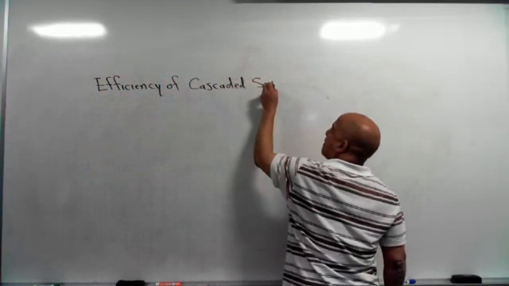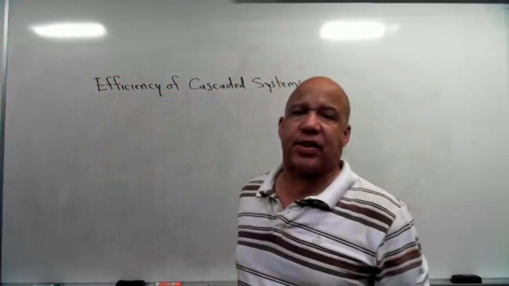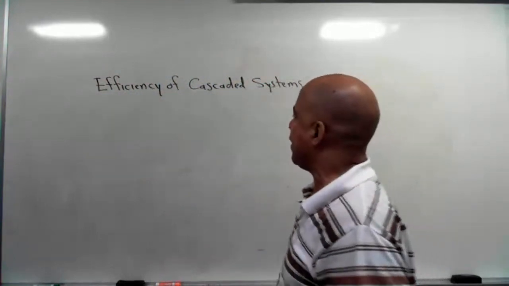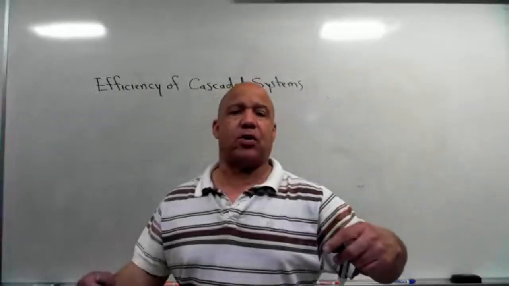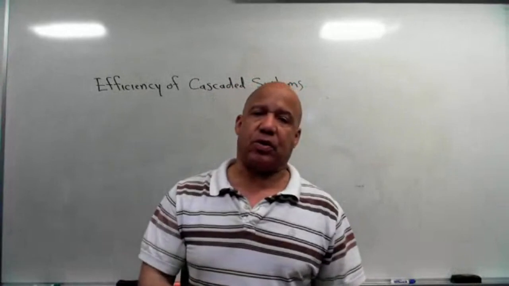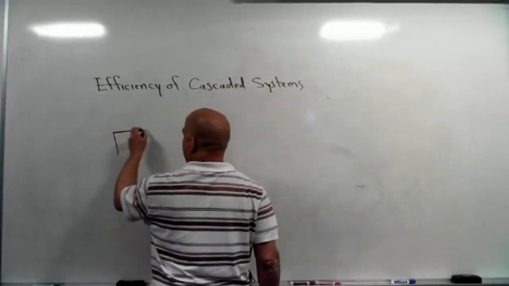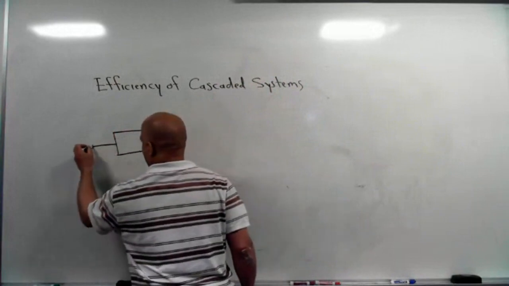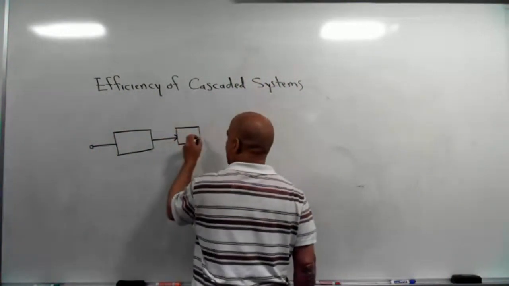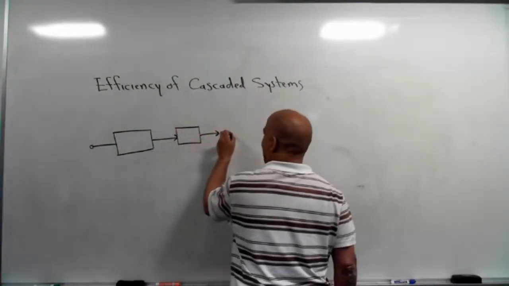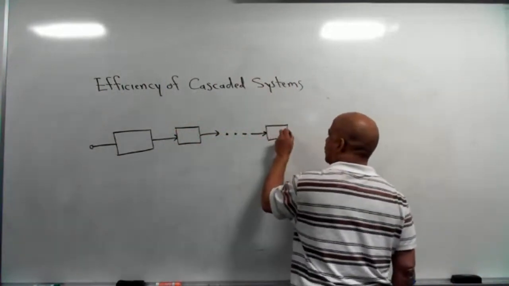So what is a cascaded system? Well, a cascaded system is when you have more than one transducer, and the input of one transducer comes from the output of another transducer. It's like this. You've got this transducer, and that's connected to another transducer, and that's connected to another, and I can have as many of these as I want until I get down to the last transducer.